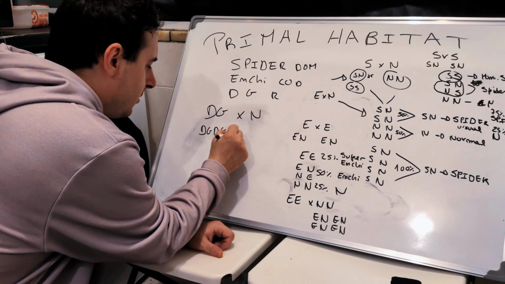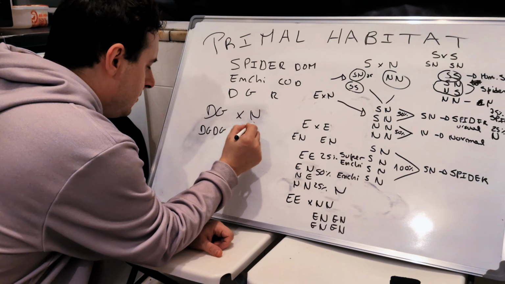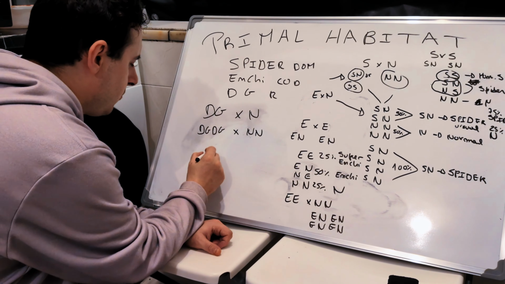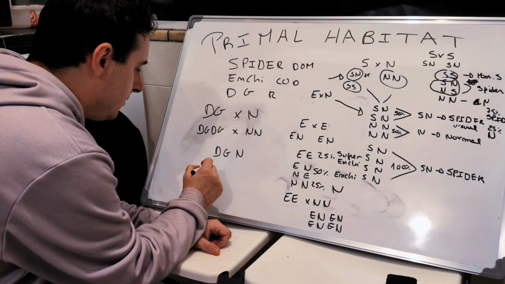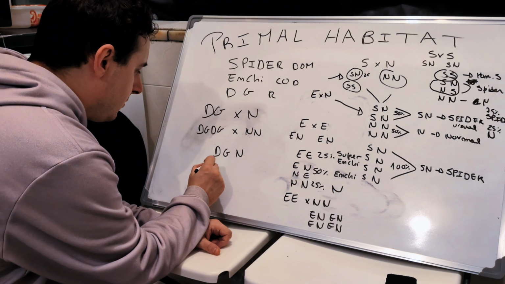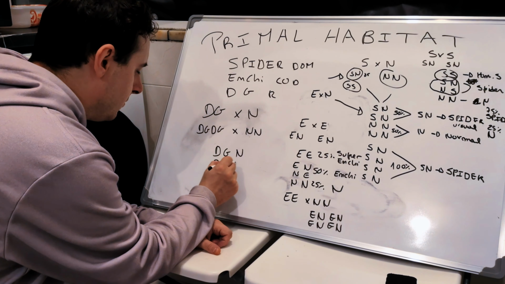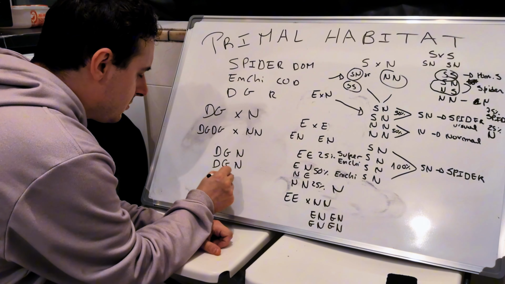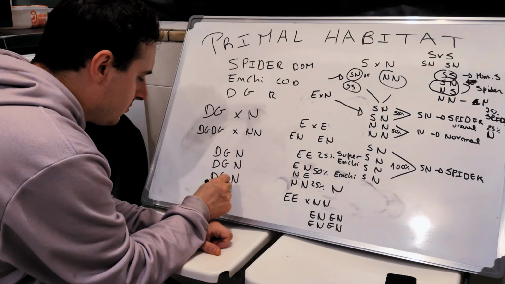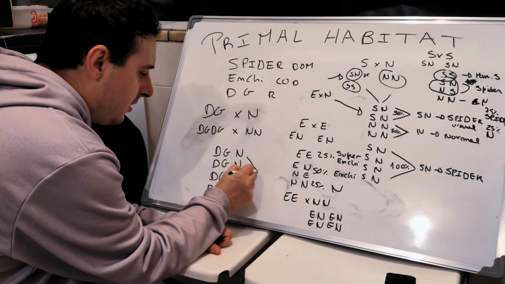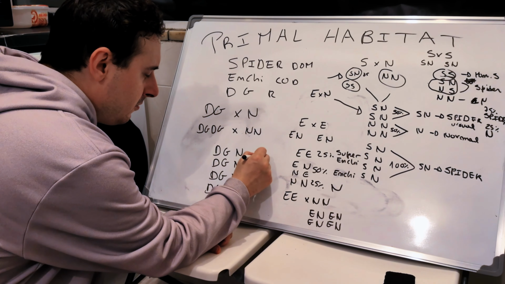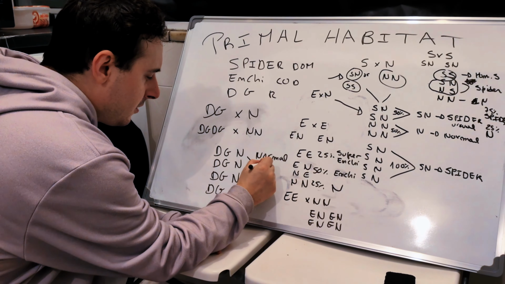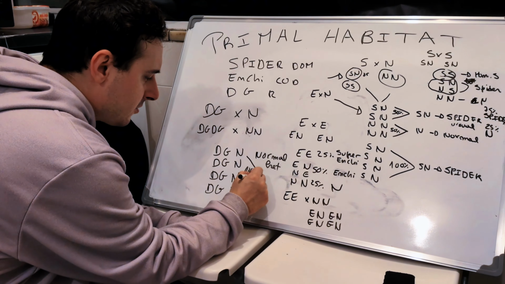And breeding it to a normal, it will mean desert ghost normal, desert ghost normal, desert ghost normal, and desert ghost normal, which gives a 100% chance of a normal het desert ghost.